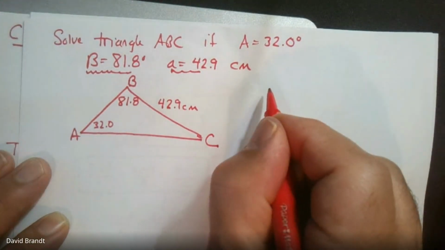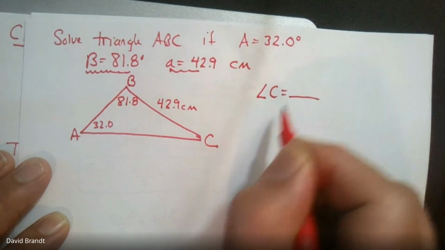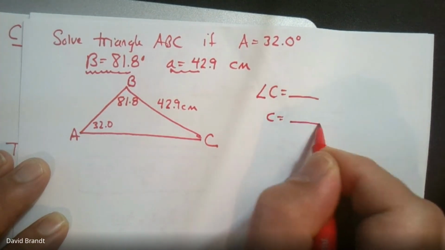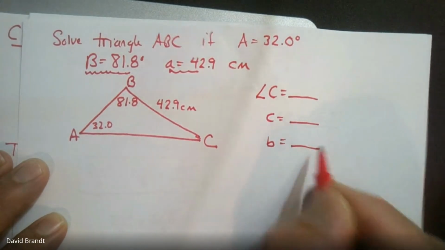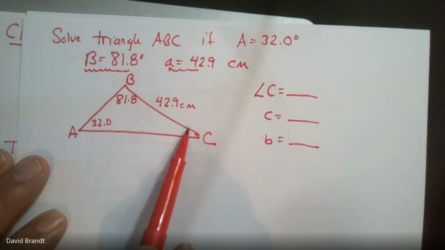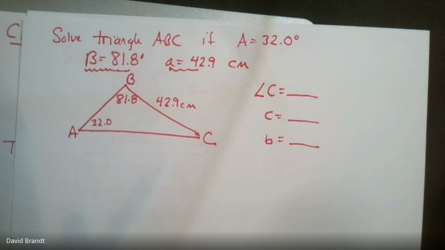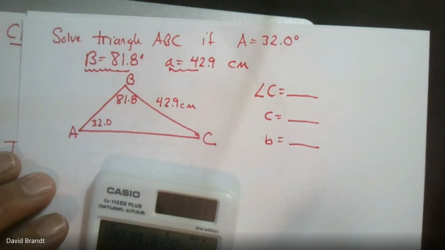So what do we not have? If we're going to solve the triangle, I have to solve for angle C, side C, and side B. Those are the only three things that are missing. Now, the easiest thing to solve for first is angle C. Why? Because we know all three angles must add up to 180.